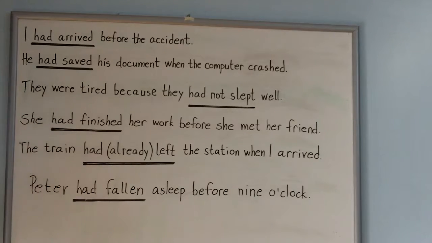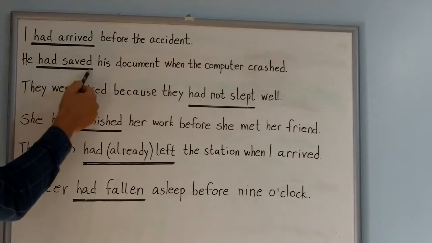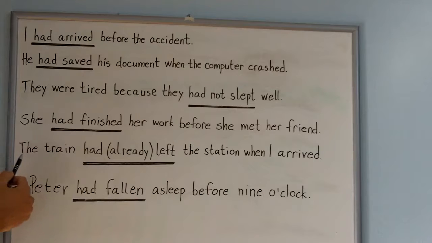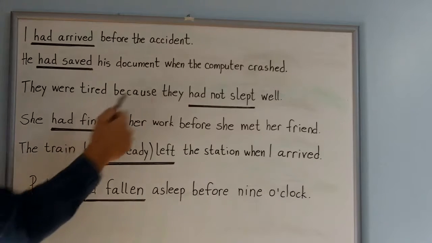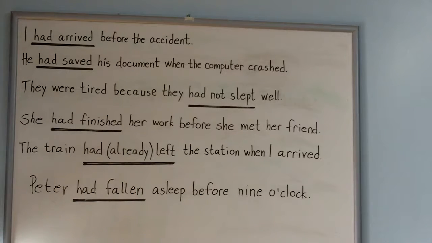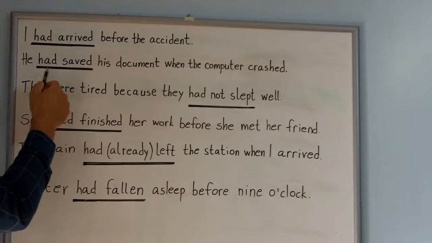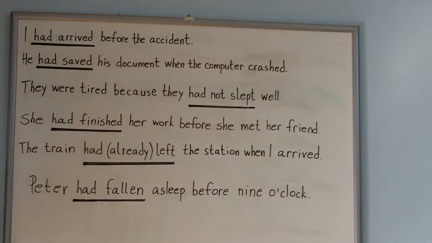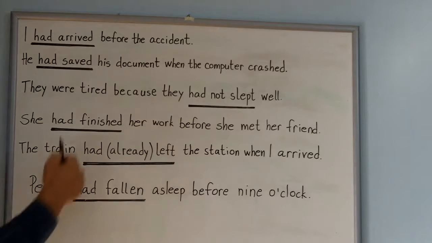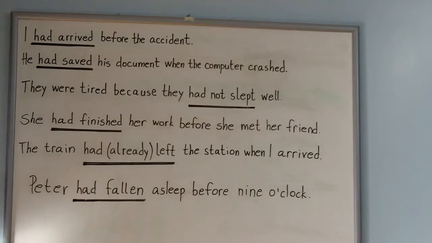He had saved his document when the computer crashed. The first action is he had saved the document. The second action is the computer crashed. Remember that the first action is with the verb in the past perfect simple, and the action that follows it is with the verb in the past simple.